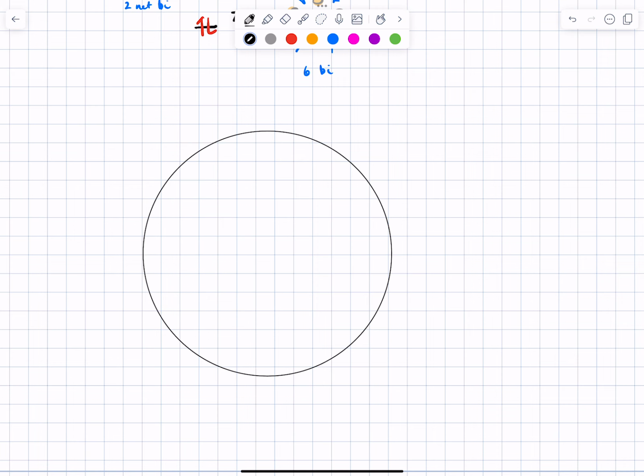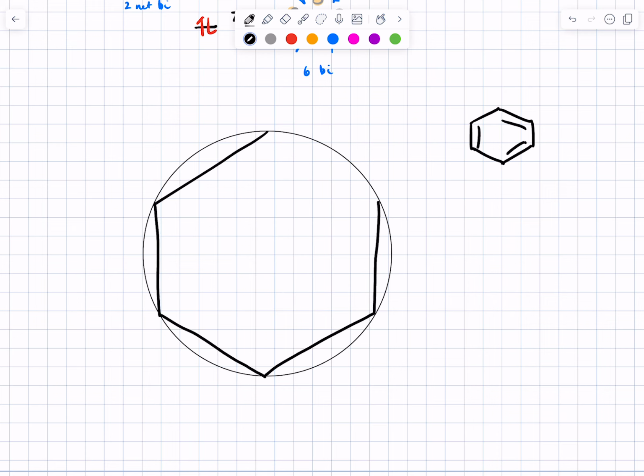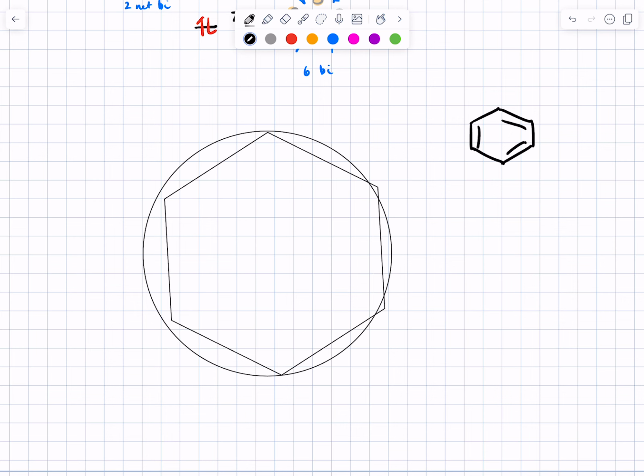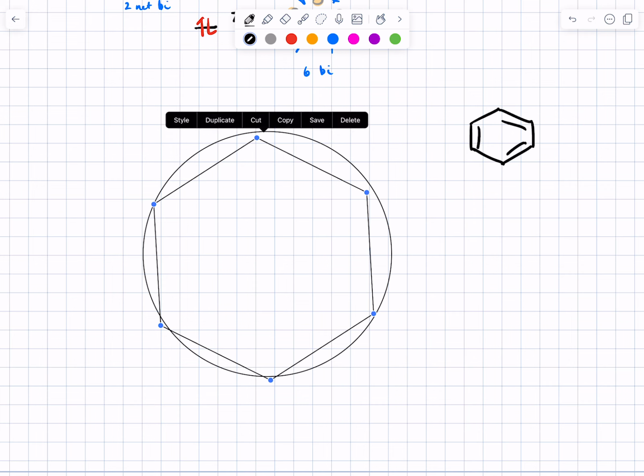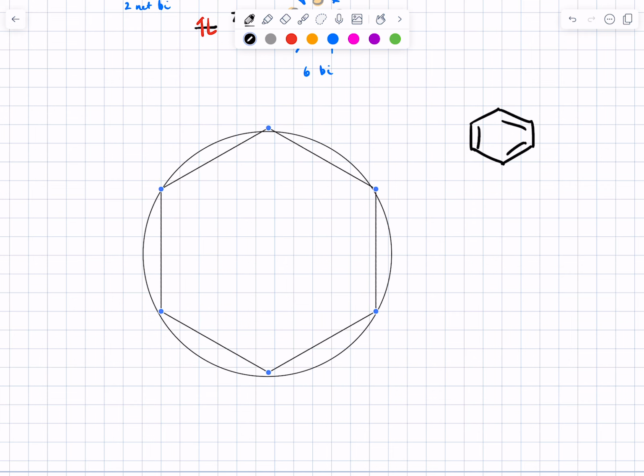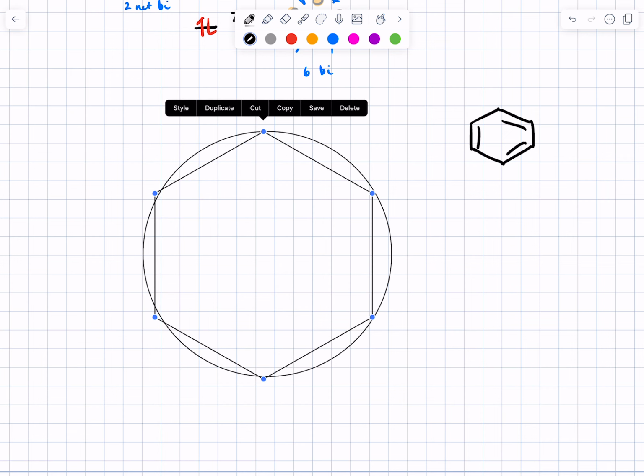And then if you take any cyclic hydrocarbon that you want to determine whether it's aromatic or not, and you draw that 6-membered ring point down within the circle, every place the 6-membered ring touches the circle marks the relative energy of the pi orbitals of that ring, relative to each other.